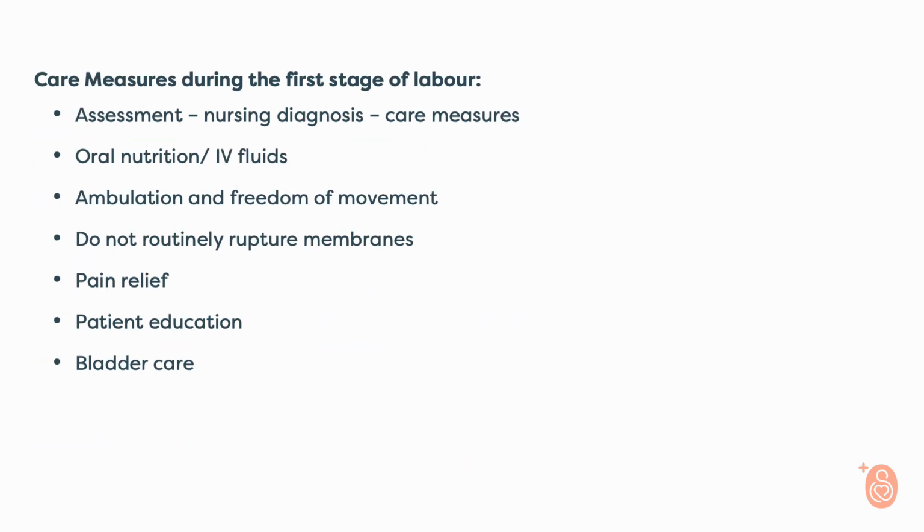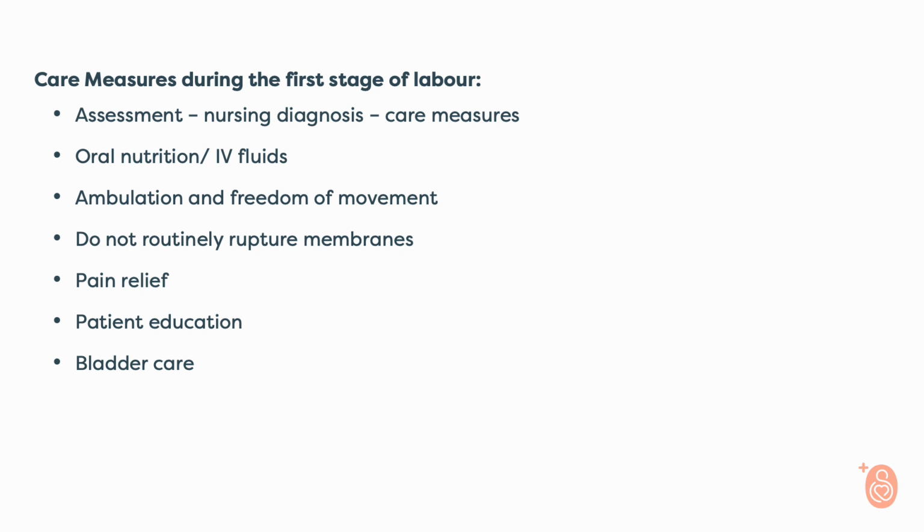When we look at the care measures now at this 1700 hours, I think we have discussed many of them to a large extent. We still obviously carry on assessing the patient. Now we need to be very careful because we see that there are ketones in the patient's urine.